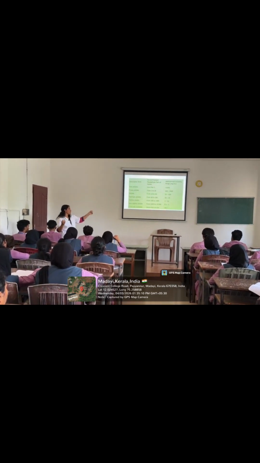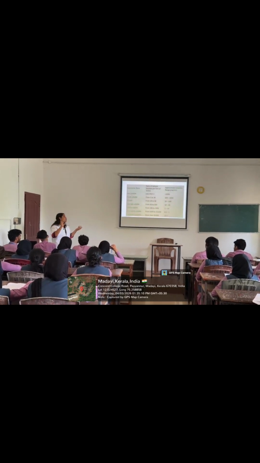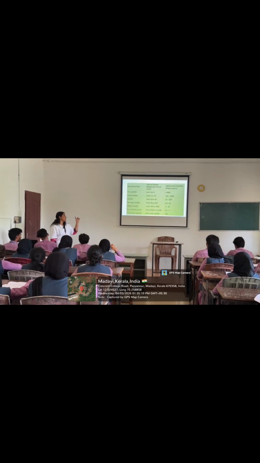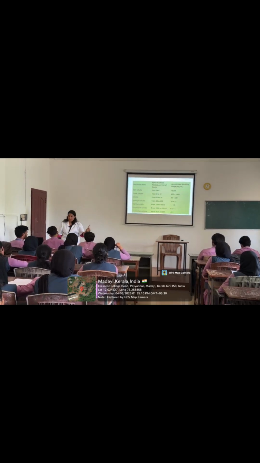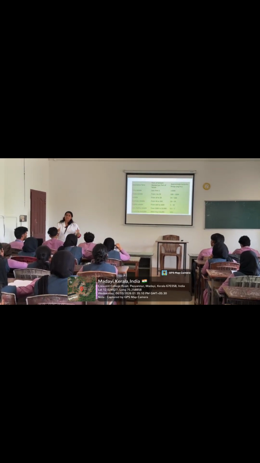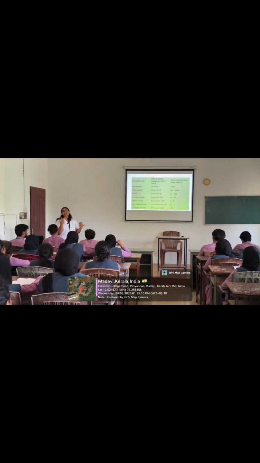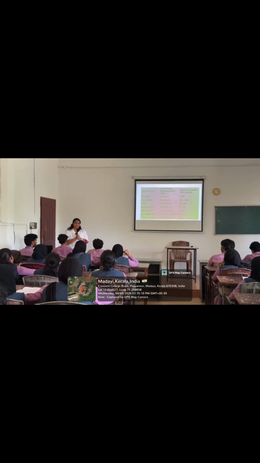For sparingly soluble, 30 to 100 parts of solvent are required. For slightly soluble, 100 to 1000 parts. Similarly, see the last term, practically insoluble, which means the solute is very insoluble in that solvent. To dissolve that solute, more than 10,000 parts of solvent are required. Okay. So, clear?